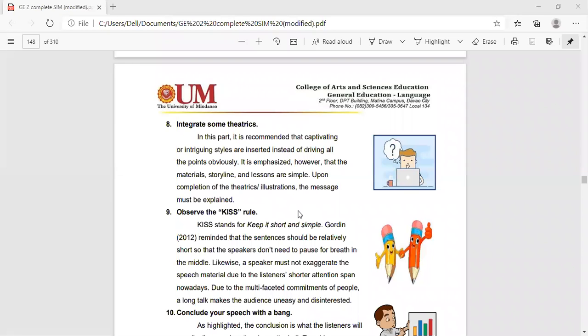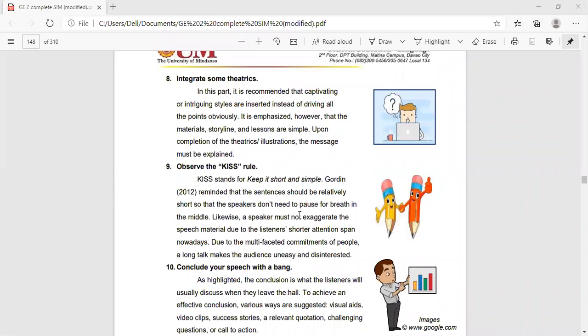Okay, number 9, observe the KISS rule. KISS means keep it short and simple. So Gordon 2012 reminded that the sentences should be relatively short so that the speakers don't need to pause for breath in the middle. So likewise, a speaker must not exaggerate the speech material due to the listener's shorter attention span nowadays.